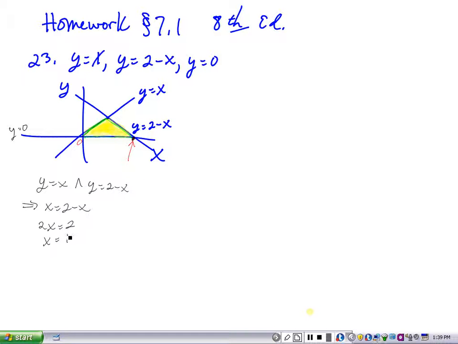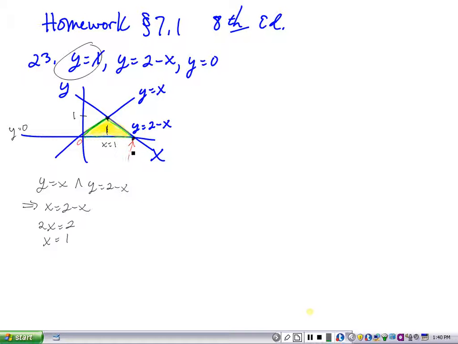So here x is equal to 1. And so here this is x equal to 1, and if x is 1, then y is equal to 1 as well, because you have y equal to x.